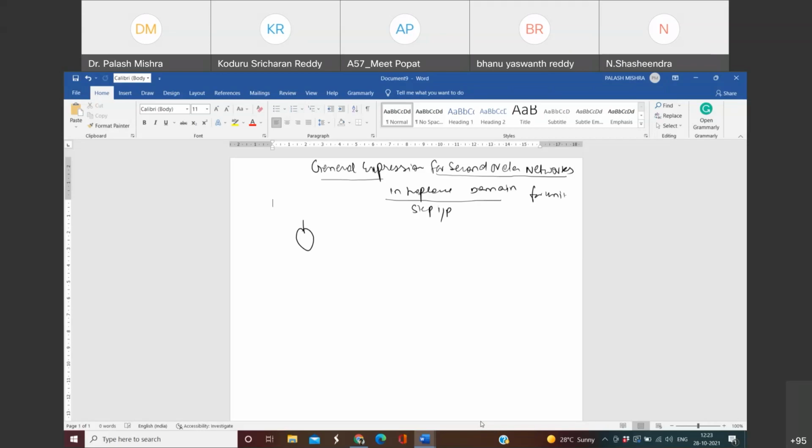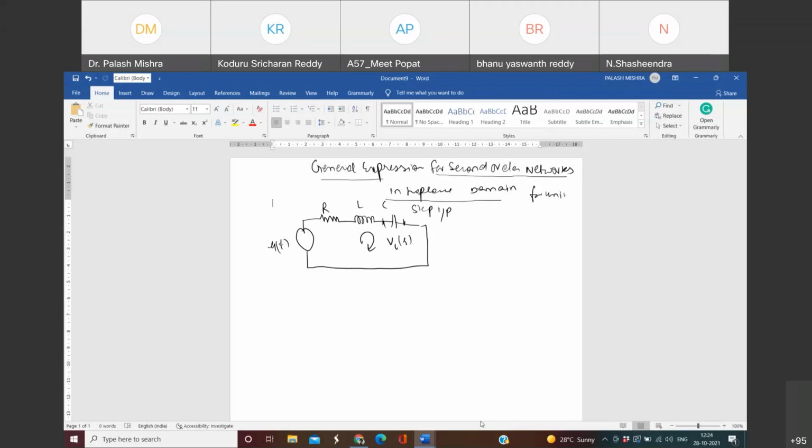This is for unit step input only. Suppose this is R, this is L, and this is C with initial conditions as 0, and they are supplied by source voltage u(t). And you have to find the value of current I, or if someone says to find the value of voltage VC across the capacitor.